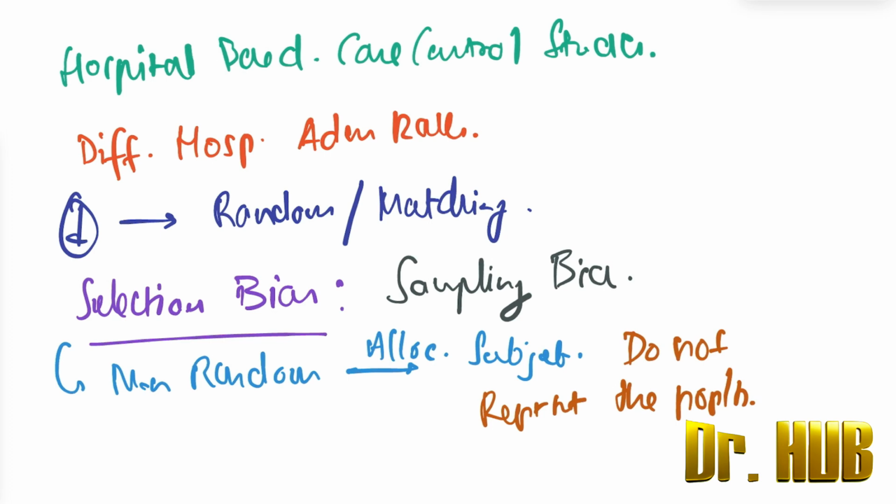And how is it reduced? It is reduced by randomization as well as by matching.